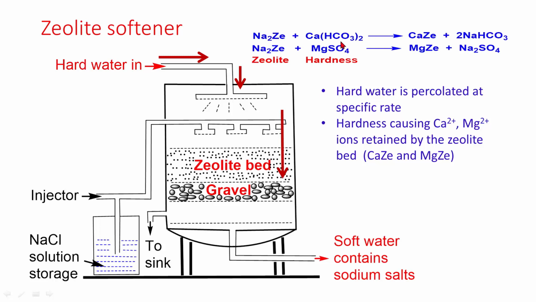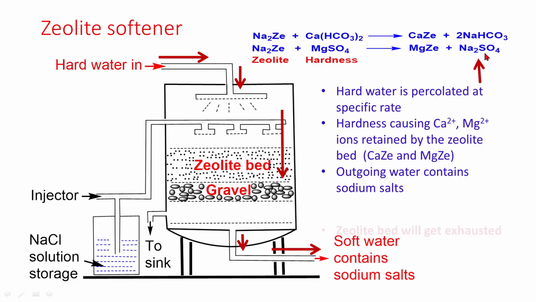The temporary hardness gives rise to calcium zeolite and sodium bicarbonate is released in water. With permanent hardness such as magnesium sulfate, we get magnesium zeolite and sodium sulfate is released in water. This water is soft water that contains sodium salts.